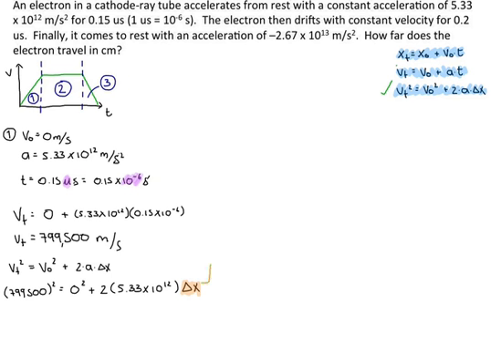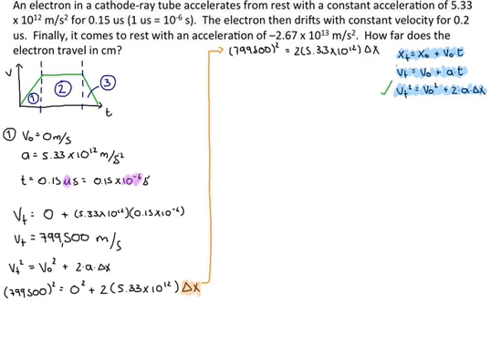I'll take an arrow from this point all the way up here, so be sure that this is what we're going to continue the exercise with. Now you have to solve this equation, so you end up with 799,500 squared being equal to 0 squared, which is 0, plus 2 times 5.33 times 10 to the power 12, times the change in x.